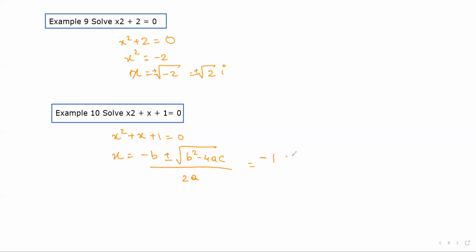Minus 1 plus minus root of 1 square minus 4 into 1 into 1, upon 2 into 1, is equal to minus 1 plus minus i root 3, because you get root of minus 3.